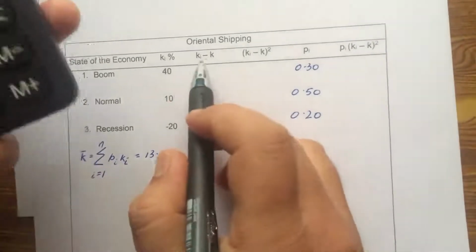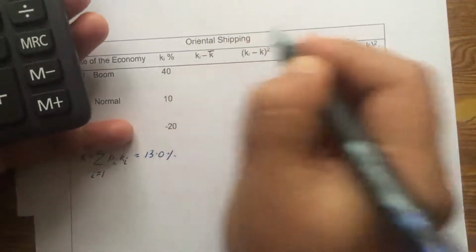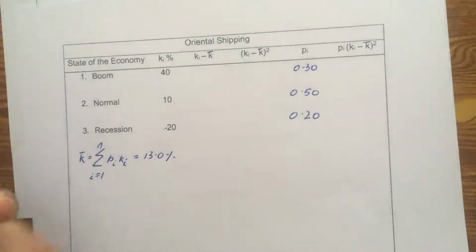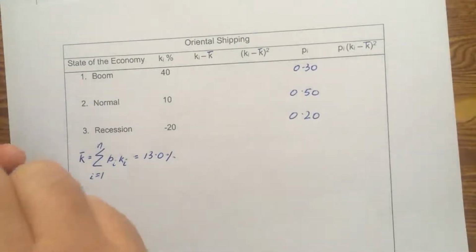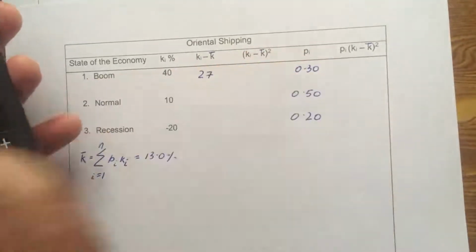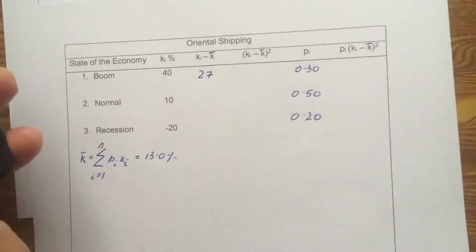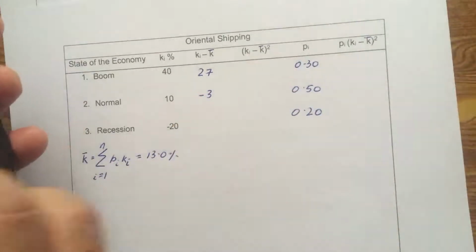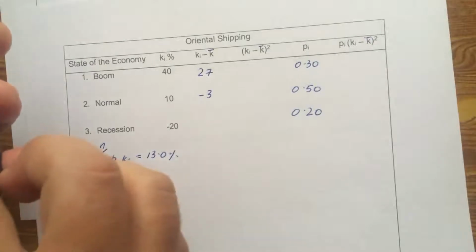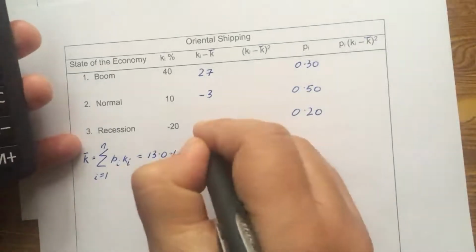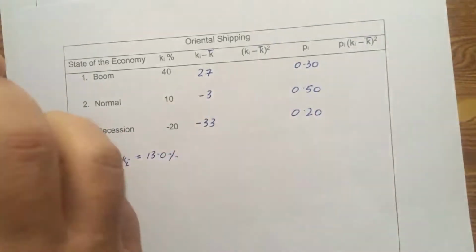Now find out Ki minus K bar. So 40 minus 13 is 27. 10 minus 13 is minus 3, and minus 20 minus 13 is minus 33.